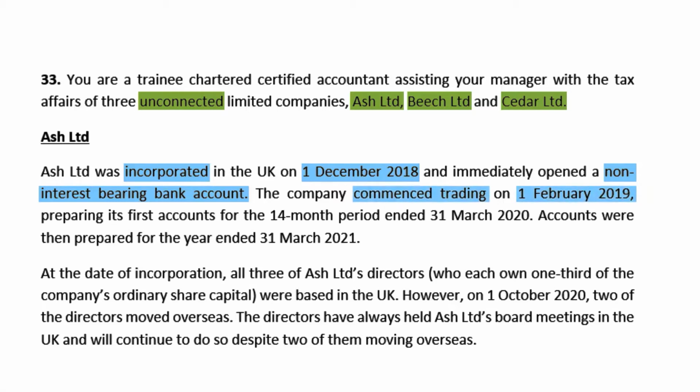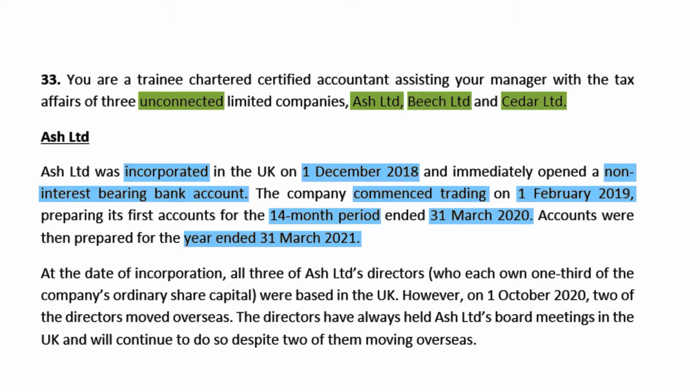That tells me the 18-19 tax year, preparing its first accounts for the 14-month period ended 31st March 2020: 1st Feb 2019 to 31st March 2020, 14 months. Accounts were then prepared for the year ended 31st March 2021, so back to a yearly basis.